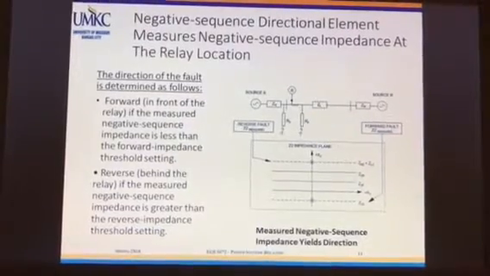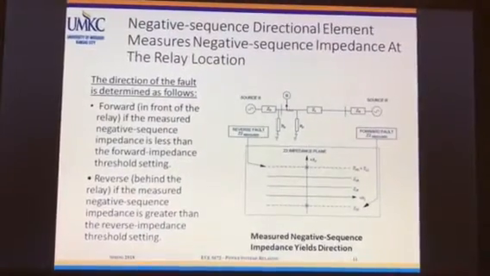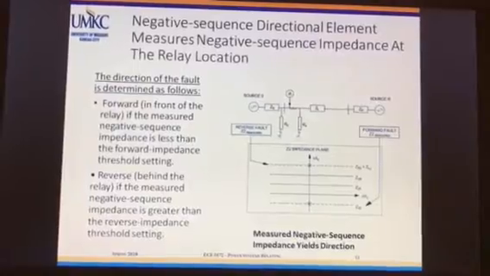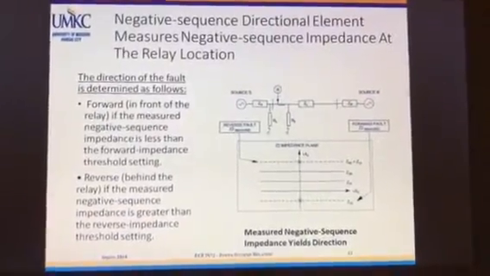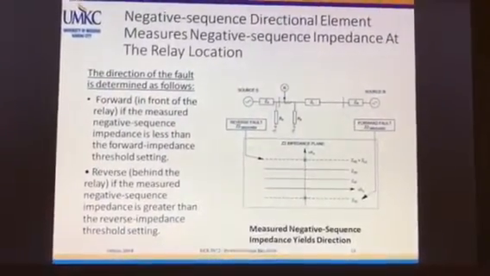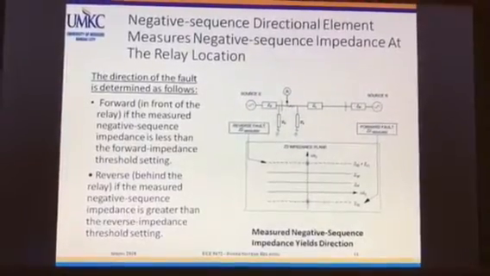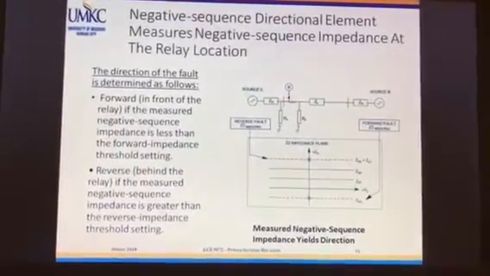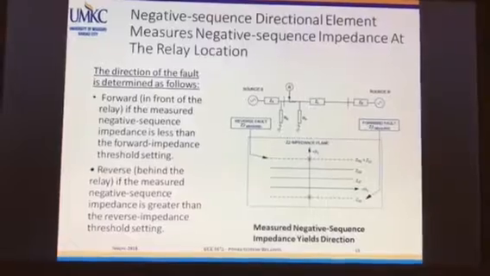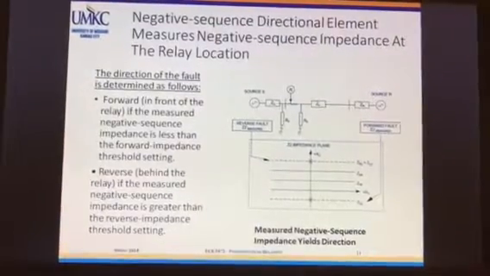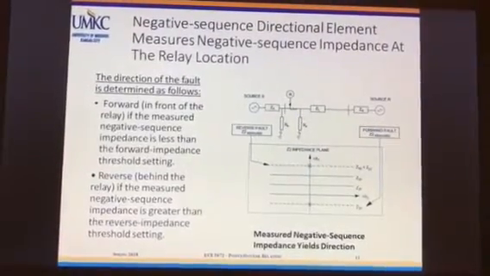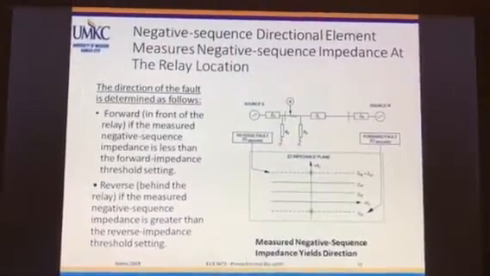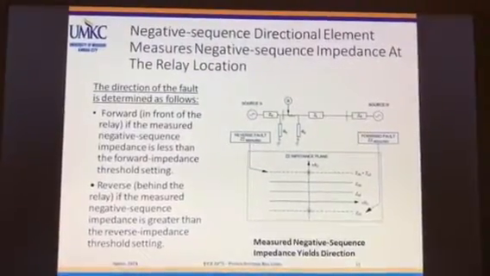Next one is the negative sequence directional element, which measures negative sequence impedance at the relay location. That is based on the impedance. The negative sequence function is based on the impedance calculation. For example, if the impedance measured is less than the forward impedance threshold setting, it will be known as a forward fault.